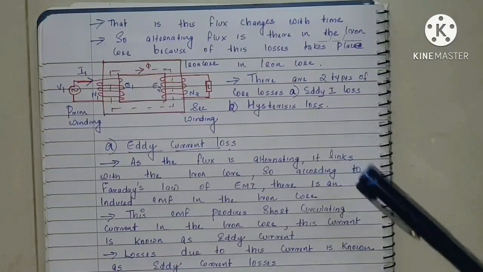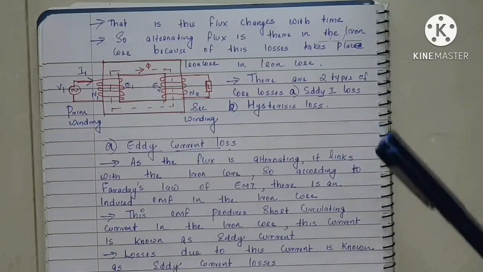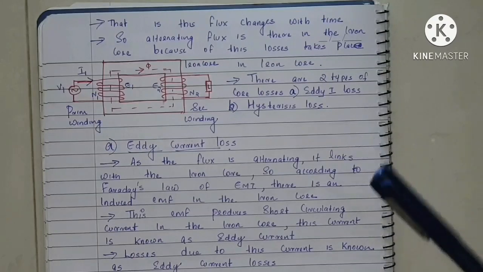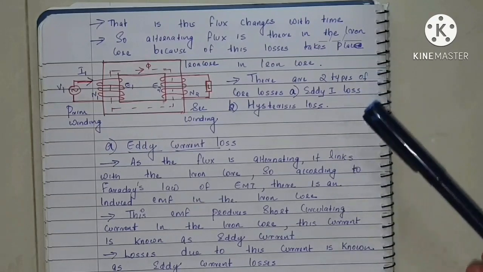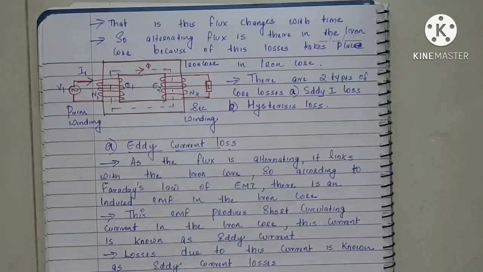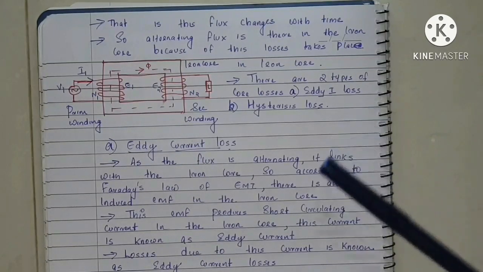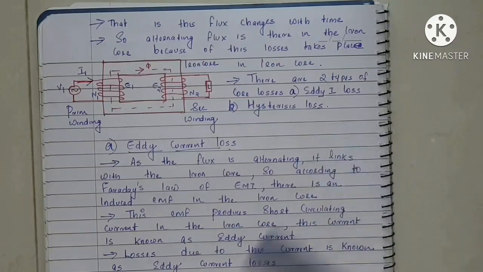So this alternating flux will be there in the iron core, and because of this, losses take place in the iron core. There are two types of core losses. One is eddy current loss and the second one is hysteresis loss.